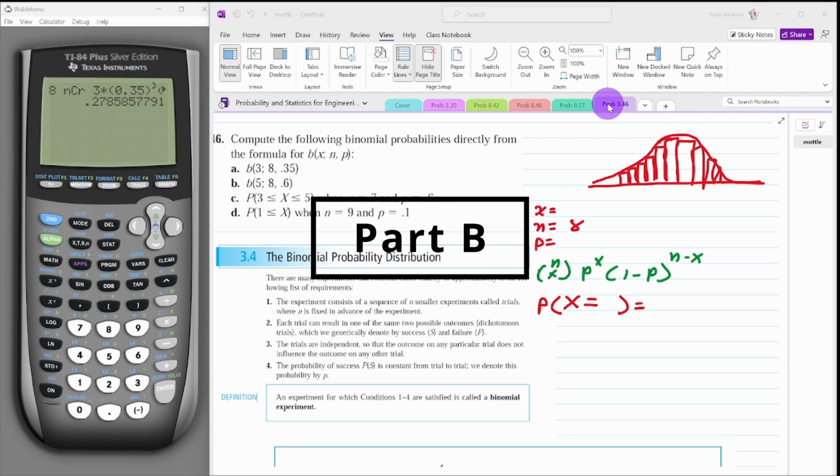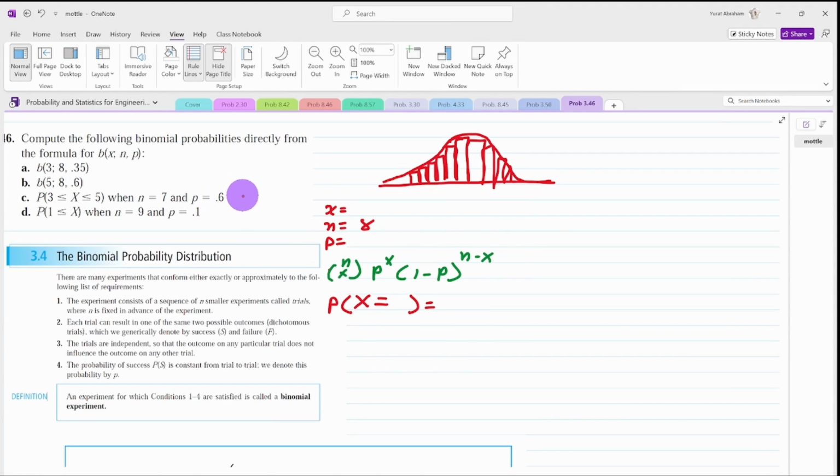Now we're going to go ahead and do part B. Part B is the same as part A. This time our x is 5, our n is the same, and our lowercase p is 0.6. So we're just going to plug into the formula. Again, there's your uppercase P representing the probability. Here's going to be 5.